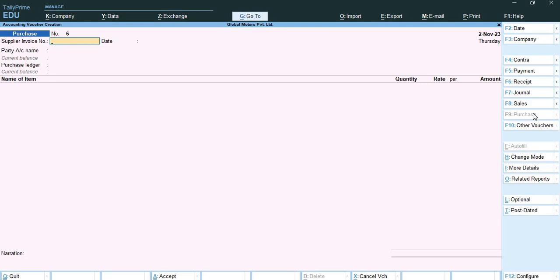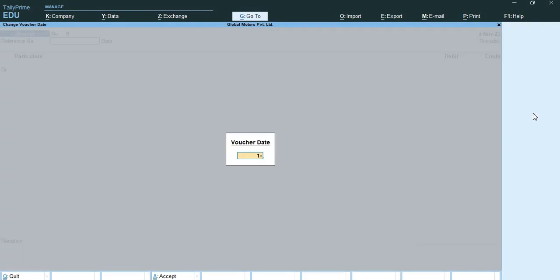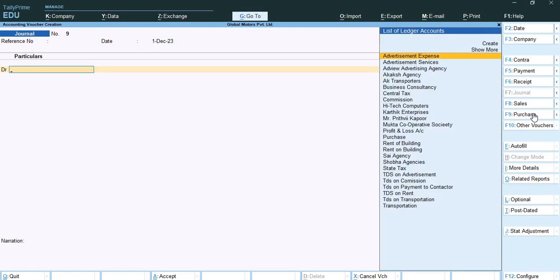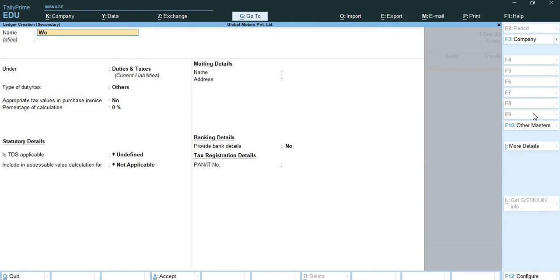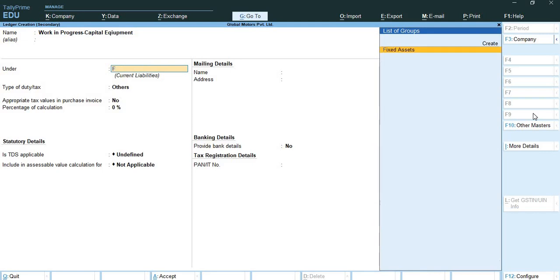For this, I'll open my journal voucher. I'll change the date to 1st December. And here, what I'm going to do is create a ledger, work in progress, capital equipment. It will come under fixed assets.